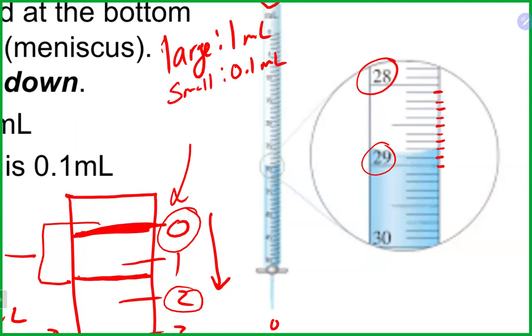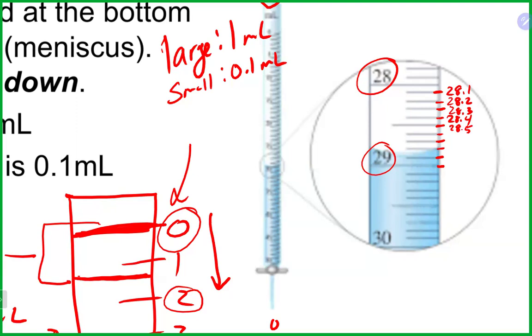That would mean that this is, again, a burette, so it's increasing as you're going down. This right here would be 28.1, 28.2, 28.3, 28.4, 28.5, and so forth. Again, it's increasing as it's going down.